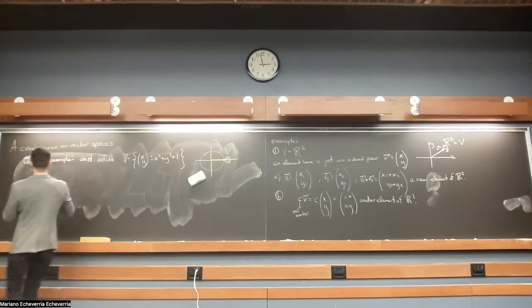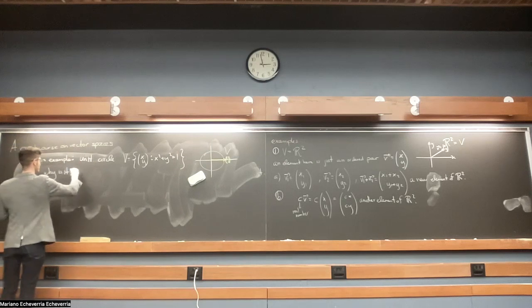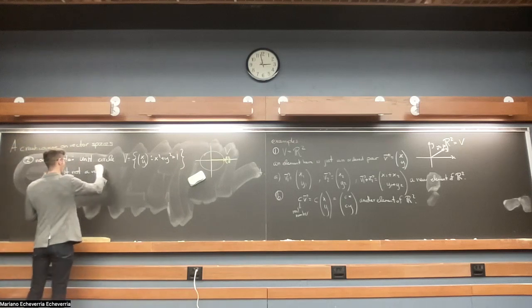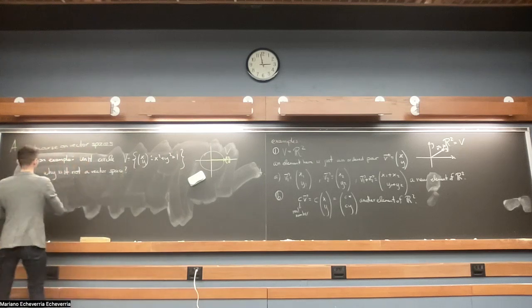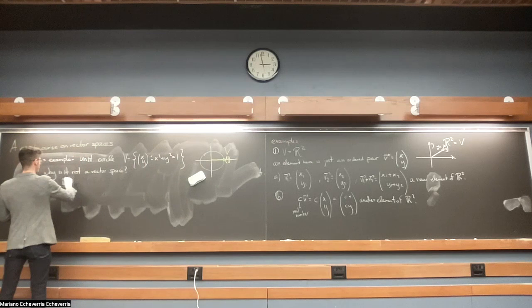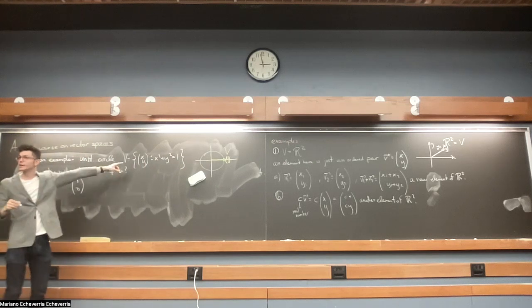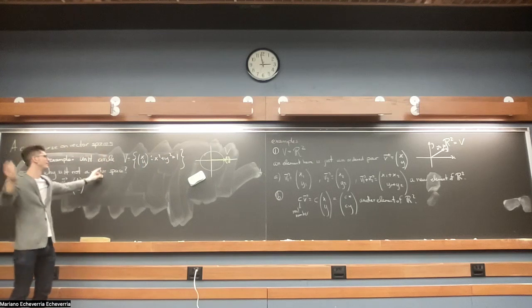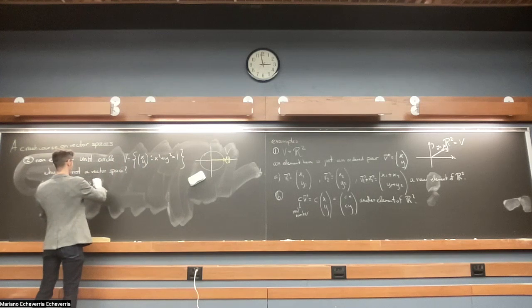So this is why it's not a vector space. So as you were saying, here's an explanation. P, which is 1, 0, is inside B, which looks very confusing because I'm using the same letter. So it's inside the unit circle, right?